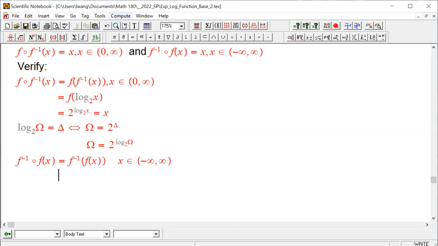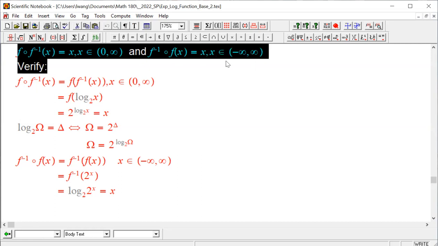And then we have F inverse, parentheses, replacing f of x by its equal, which is 2 to the power x. F inverse is log base 2 x. So we're going to apply the rule of the function on 2 to the power x. And that's going to equal x. Right? So both are confirmed.